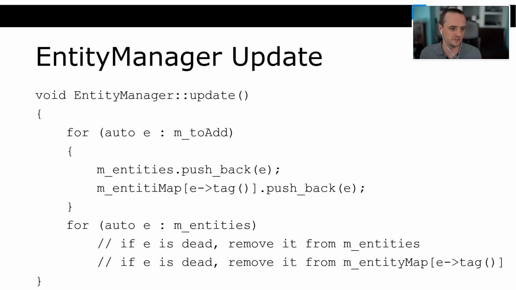But C++11 and 17 have nice functionality that let you do this in like one line of code. So there's things like std::remove_if that you can do in here. You could also create a vector of the entities that have their alive flag equal to false and then remove them one by one. So the point being here is that you only now have to deal with iterator invalidation in this place in the update function. And once you solve it there, it doesn't happen anywhere else in your entire game engine. So that's really, really good.